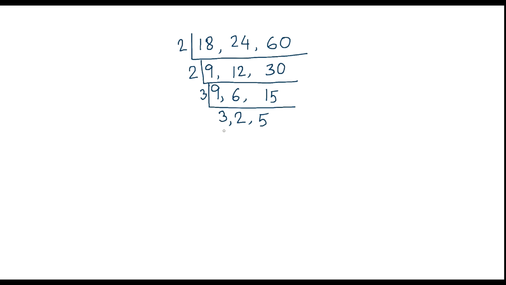I can divide 3 with 3 but no other number. I can divide 5 with 5 but no other number. So I cannot take any other number that goes into any 2 of them. So I'm done. Here I don't have to do any other step. This is done. Now I will find the LCM.